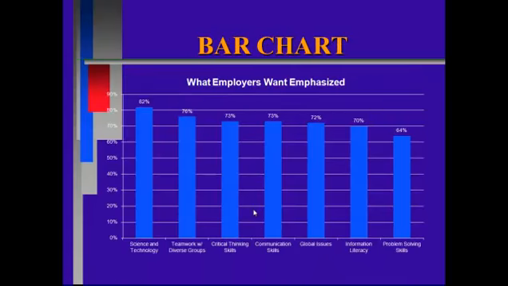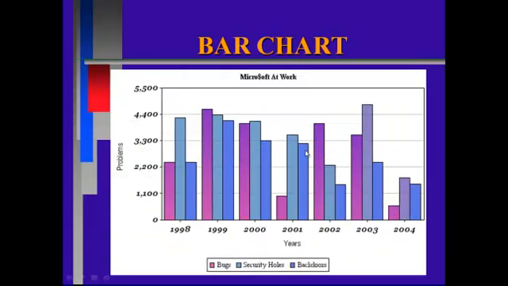Let's take a look at a bar chart. Bar charts show the progression or decrease of numbers. And again, in this bar chart, you are seeing only one piece of data represented. Whereas in this bar chart, you will see that they're using it for comparisons. The purple bar here is for bugs.